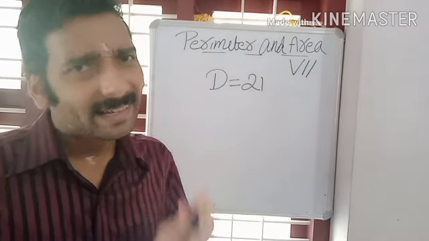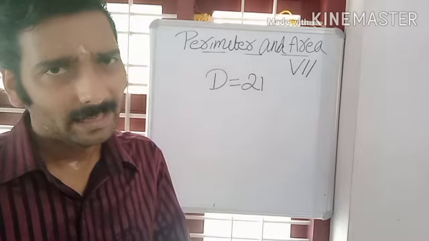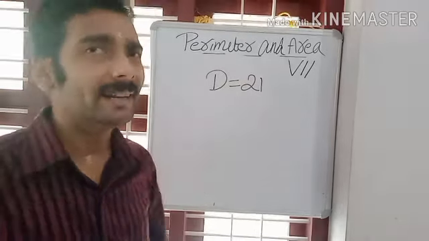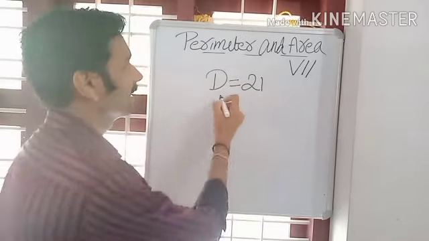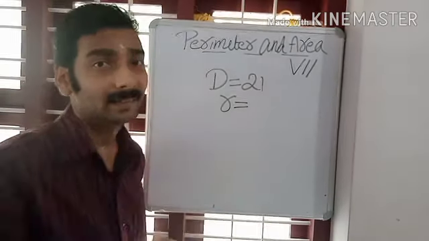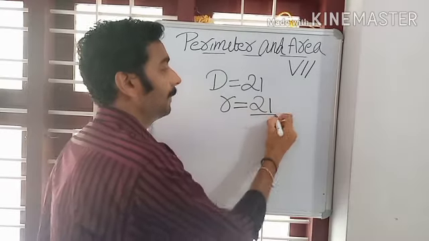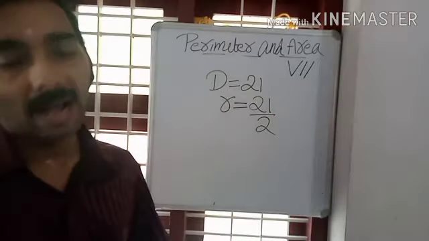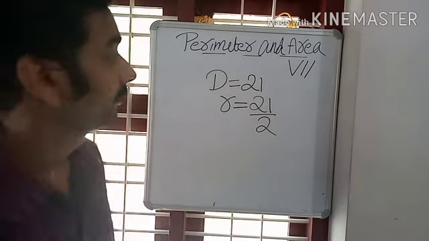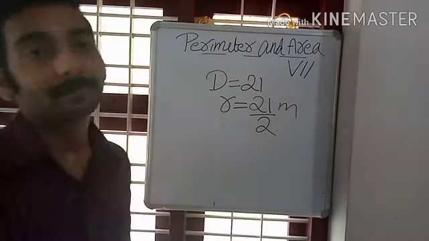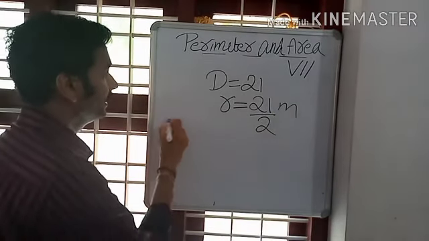We find the circumference. The diameter is 21, then the radius r is 21 by 2, or 21 upon 2 meter. Then we find the circumference.